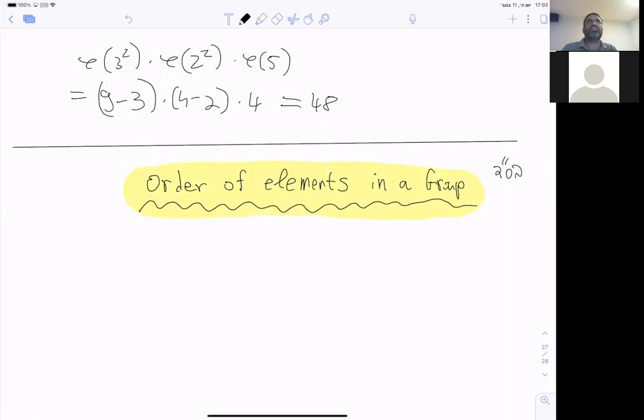Okay, so what is the definition of an order in a group? Okay, just a minute.